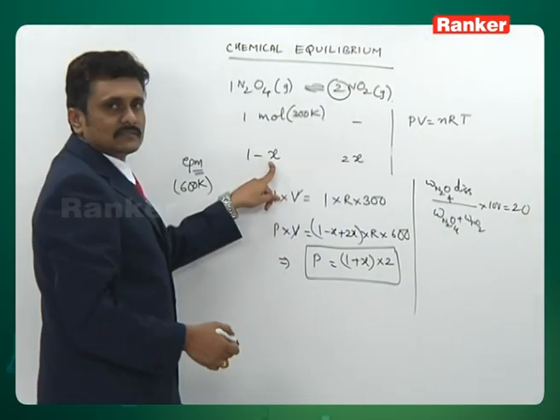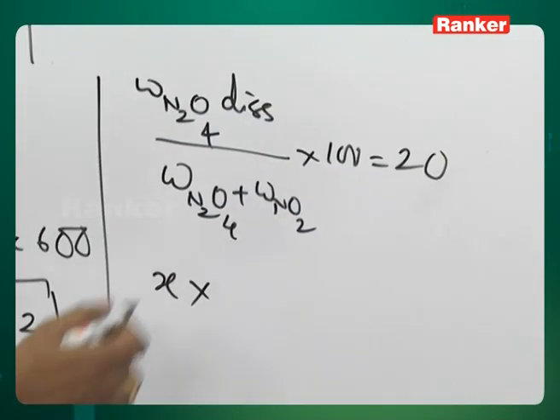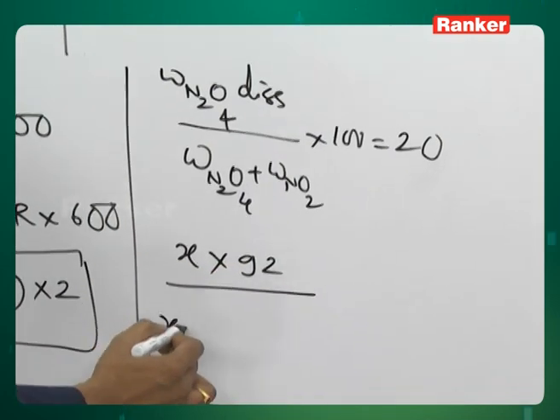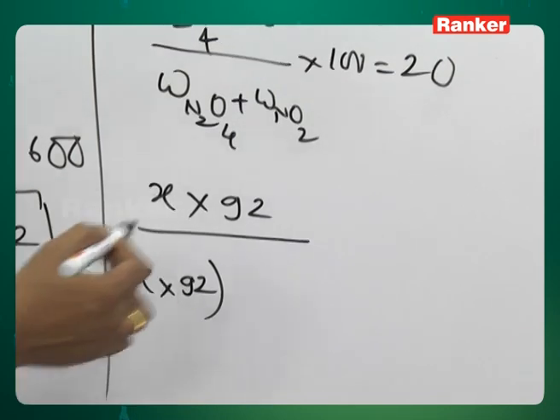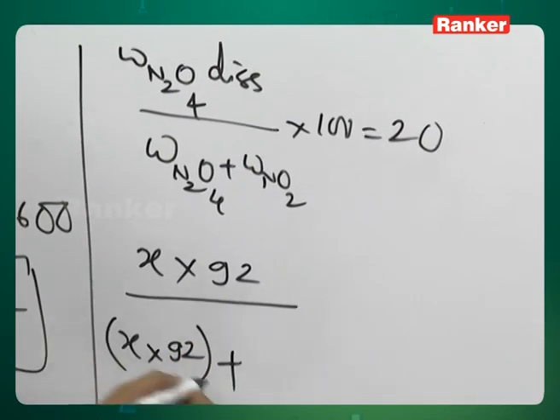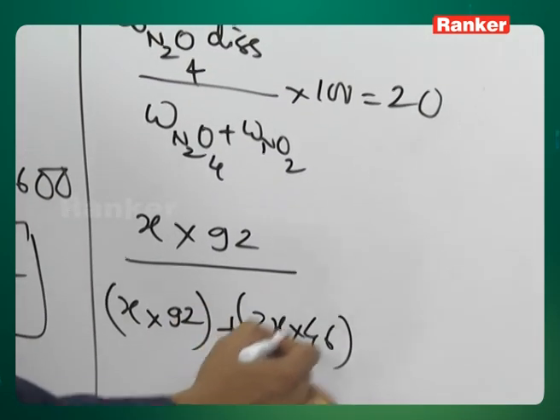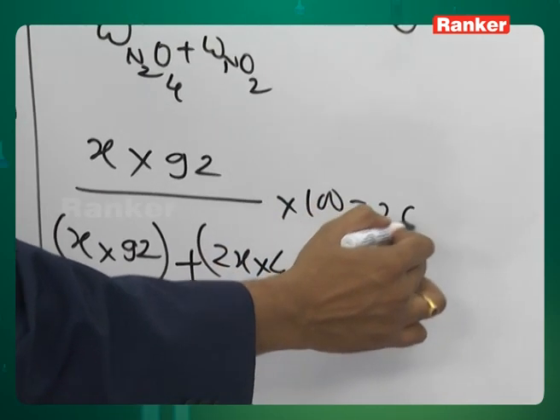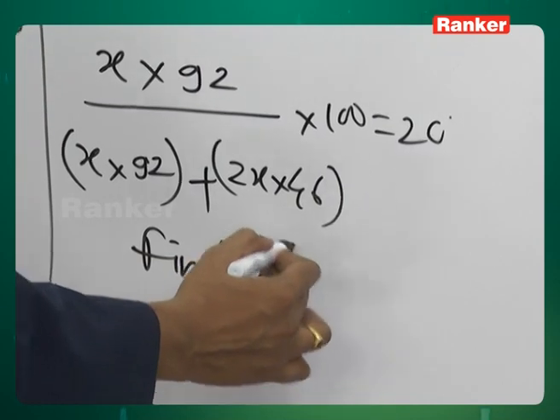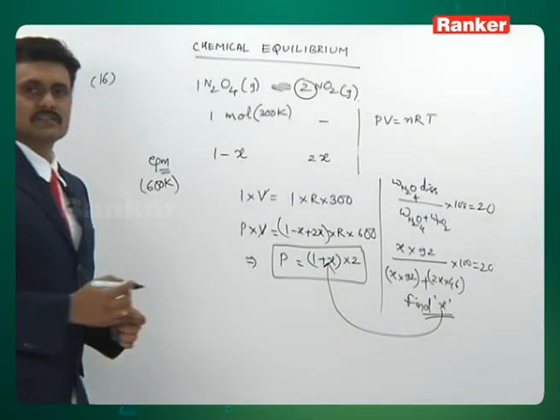Now the moles of N2O4 dissociated are x, moles into the molecular weight of N2O4 will give you the weight of it, divided by once again moles into the molecular weight of N2O4 dissociated plus the weight of NO2. So the simplification of this expression will give you the value of x, and that x upon substitution here will fetch you the total pressure.